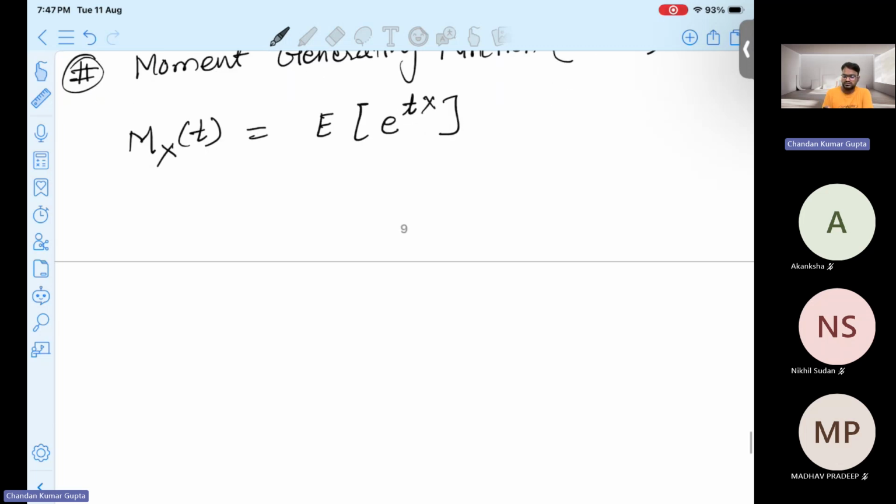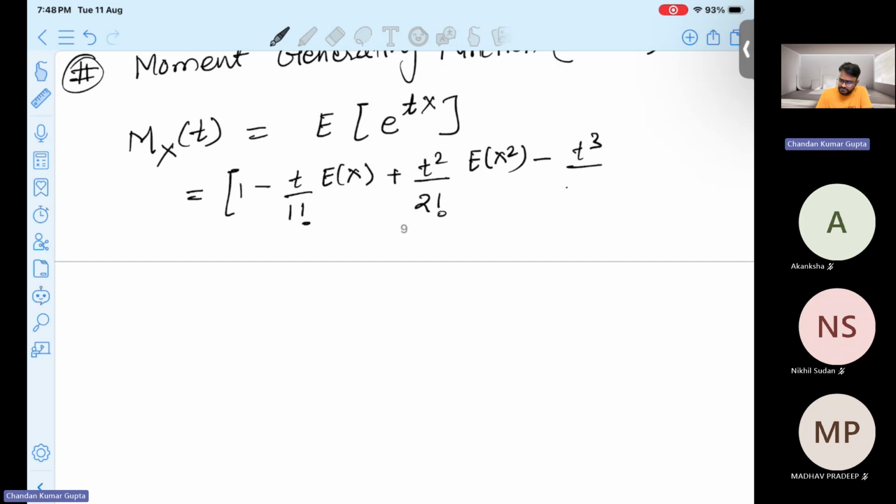If you expand the e to the power tx quantity, you will find: 1 plus t upon 1 factorial expectation of x, plus t square upon 2 factorial expectation of x square, plus t cube upon 3 factorial expectation of x cube, and so on.